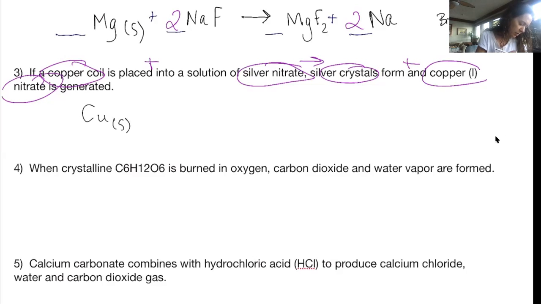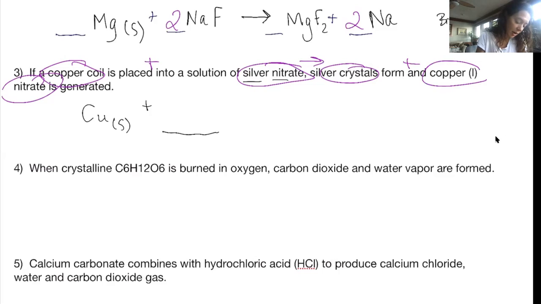Copper's a metal, it's a solid. It's added to a solution of silver nitrate. That's ionic. I need symbols and charges to get my formula. Pause and go figure out what silver nitrate is. Pause and get silver nitrate and write it right here.